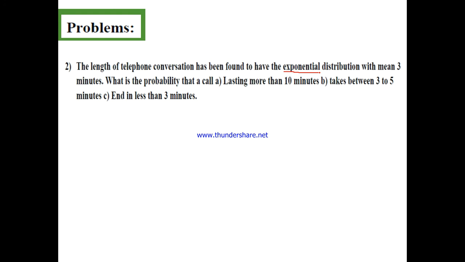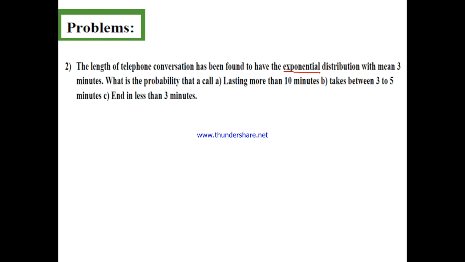When it says lasting more than 10 minutes, it is 10 to infinity. When it is 10, we can have 10.1, 10.2, 10.3 up to infinity, where the continuous random variable comes into consideration. Therefore, we solve this by exponential distribution.